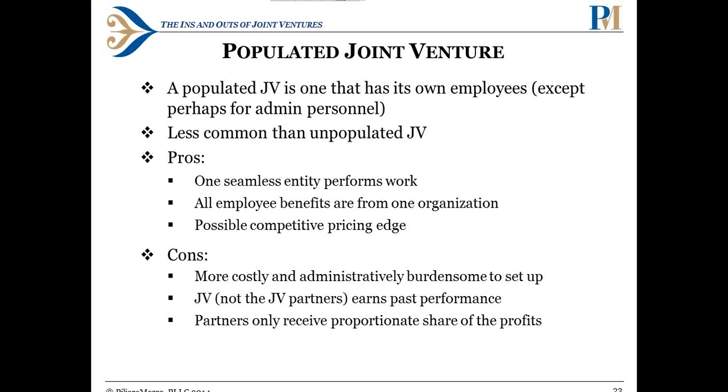This note, I apologize, this parenthetical here is going to be confusing. I believe that should be on the unpopulated joint venture, but the populated JV is going to have its own employees. So when the people are doing the work, they're going to be wearing the hat of the joint venture entity. They're going to get their paycheck from the joint venture entity. They will be employees of the joint venture entity.